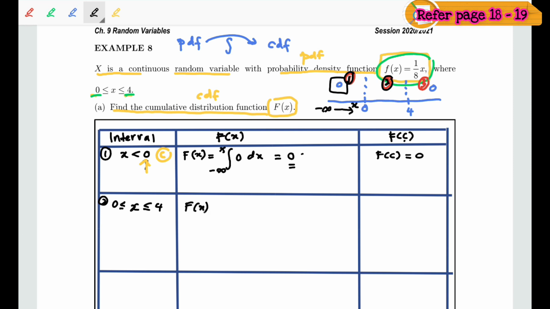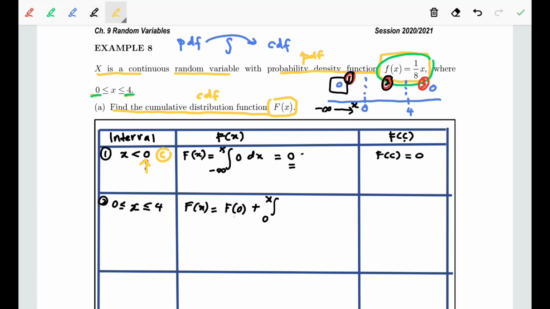To write the function f(x) here, it should be f of 0 plus the integral from 0 to x. Why should it be f of 0?